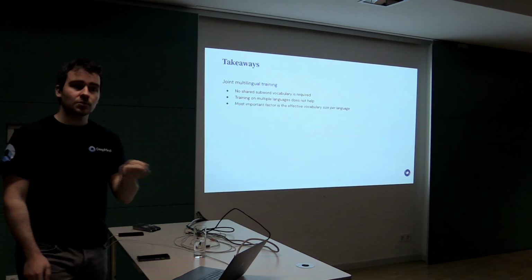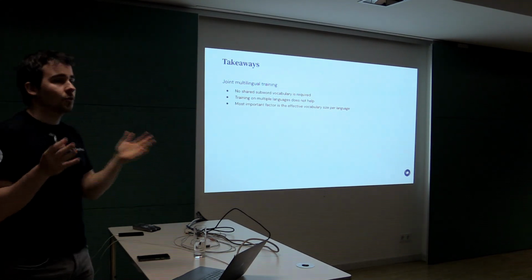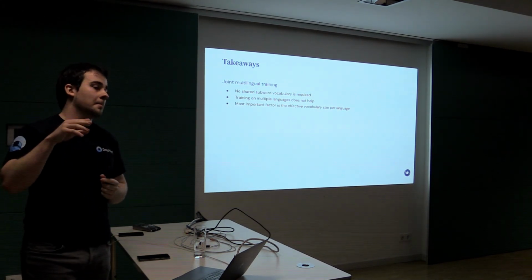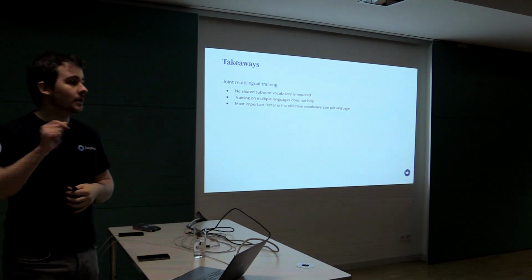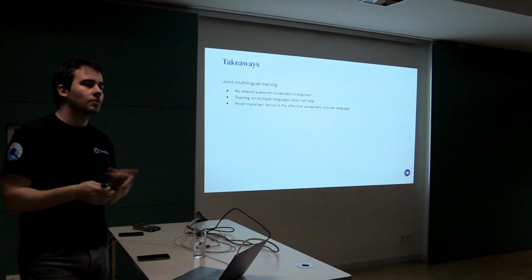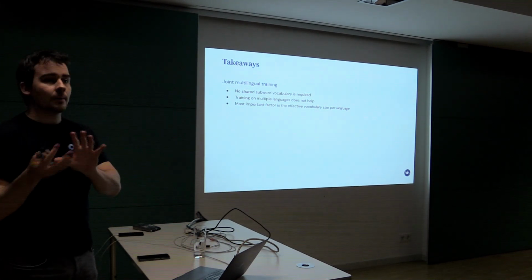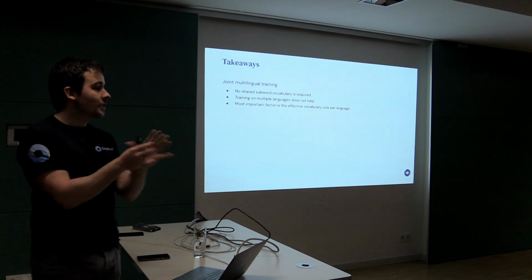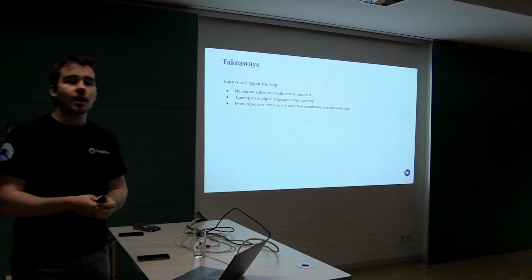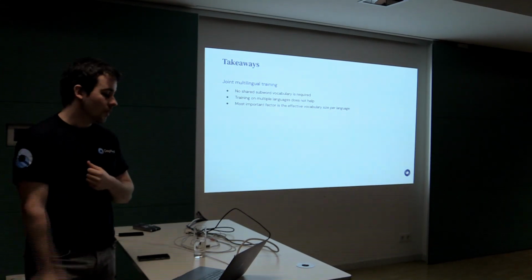And in practice, what we've identified is that keeping the remaining parameters of your model the same, or even if you proportionally increase other parameters of your model by making it deeper or wider, the most important aspect in this setting is just the effective vocabulary size you have per language. So how many tokens or subwords in that language are represented in your joint vocabulary.